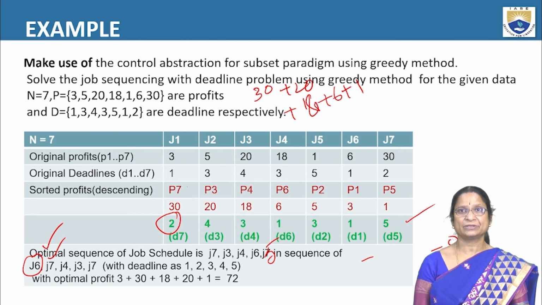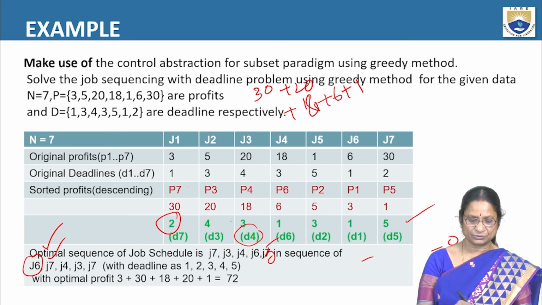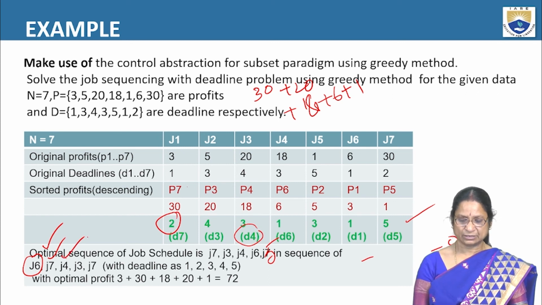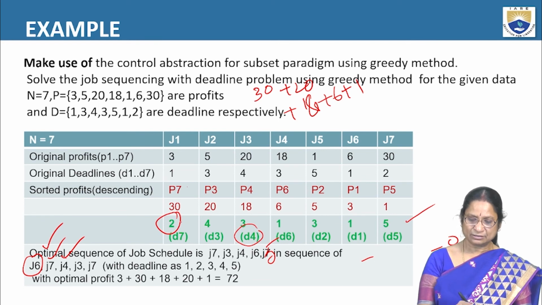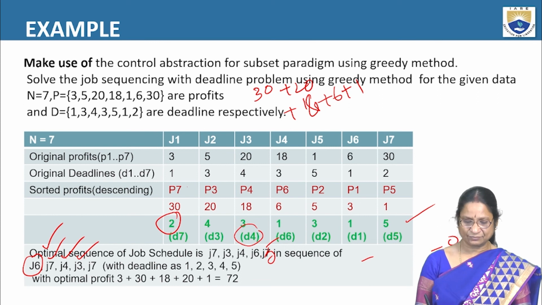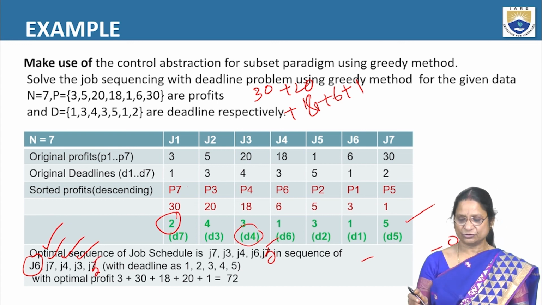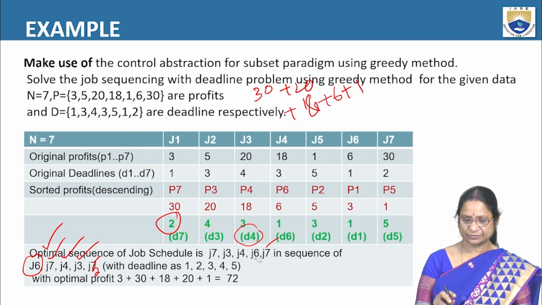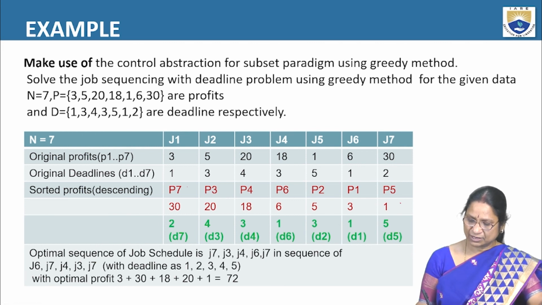Completed by the second day. Next, deadline 3. Which job has deadline 3? The 4th job, that is J4. Next, deadline 4. Deadline 4 has the 3rd job, J3. Next, deadline 5. 5 has here the 5th job. Here we are assuming the job processing, this is 5, D5.